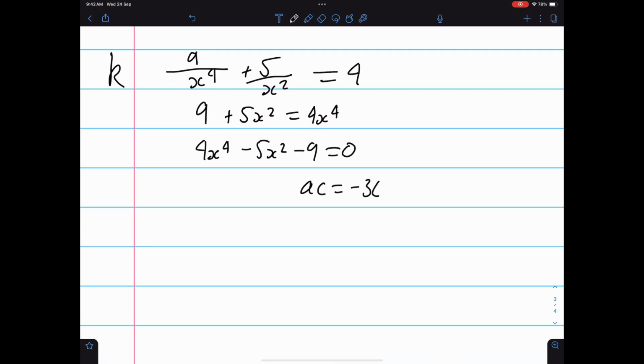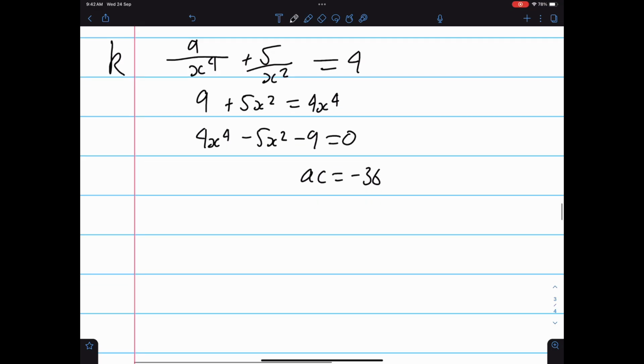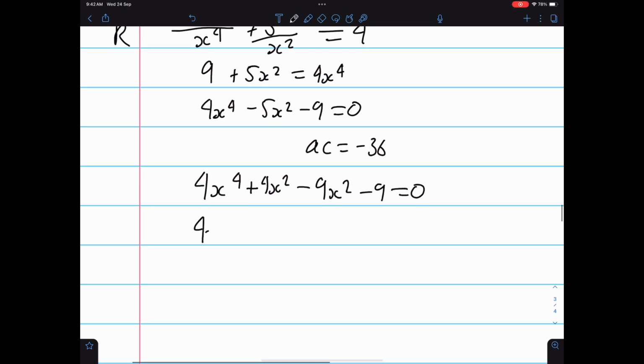AC equals minus 36. And then you factor this out. 4x to the power of 4 minus 9x squared plus 4x squared minus 9 equals 0. 4x squared times (x squared plus 1) minus 9 times (x squared plus 1).